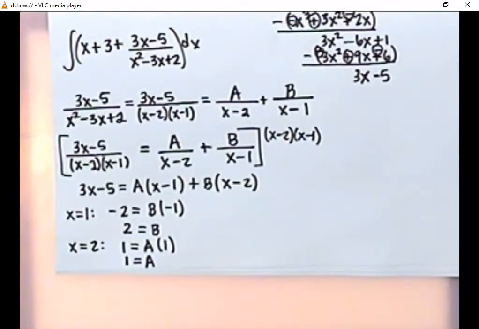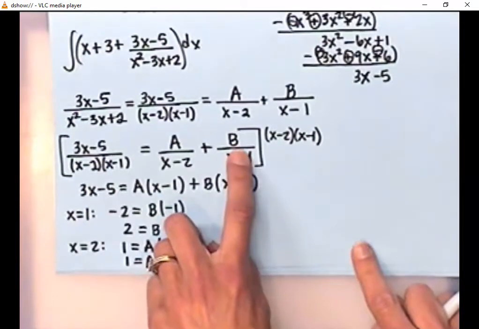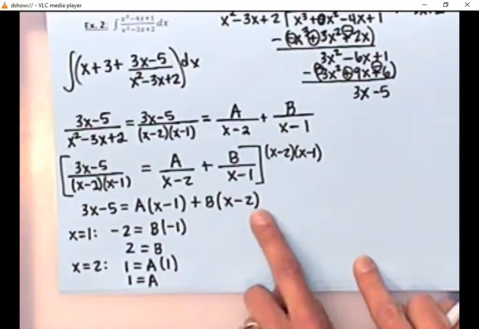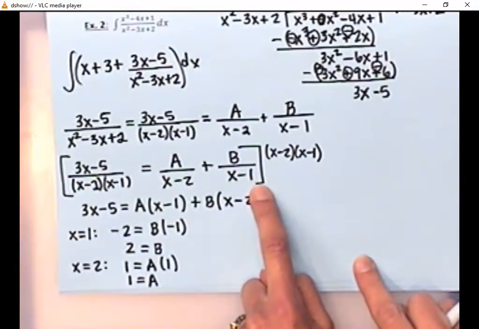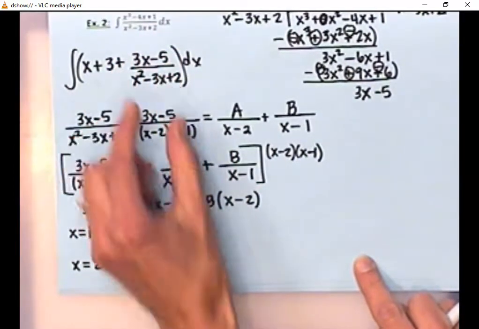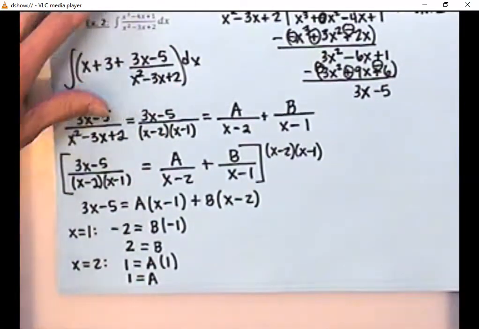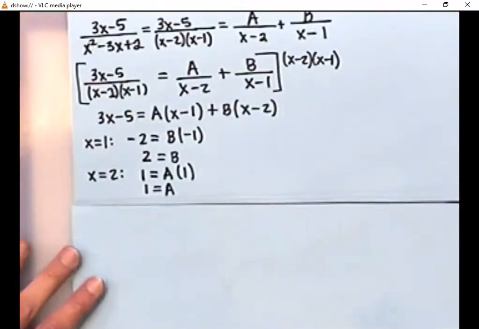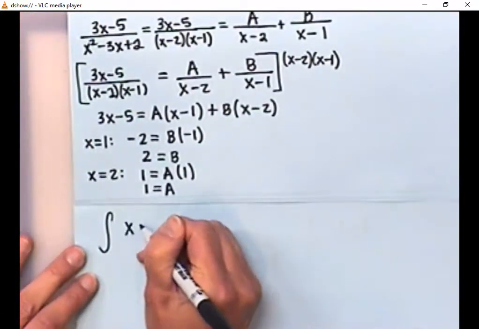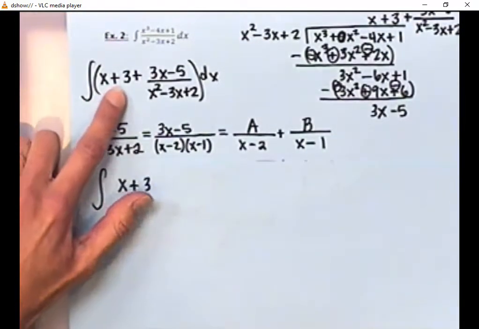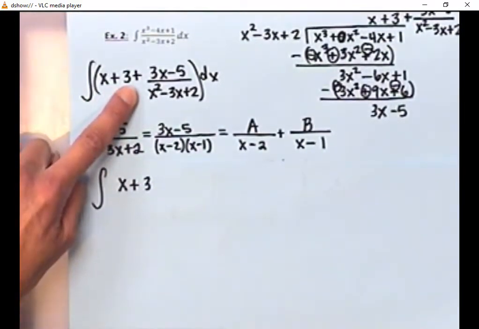So I found both constants. And so now I know that this breaks down into 1 over x minus 2 plus 2 over x minus 1. So now I can take this piece and break it down into 2 fractions that I can integrate. So what will that look like? So let's rewrite our integral here. Don't forget, you still have the x plus 3 in the front here. Okay, so there's x plus 3. That's still there.